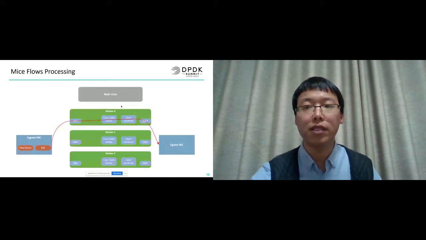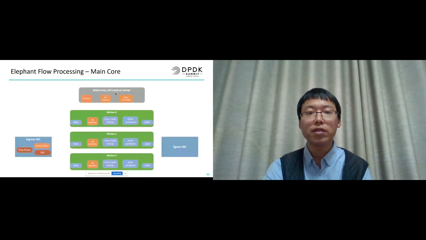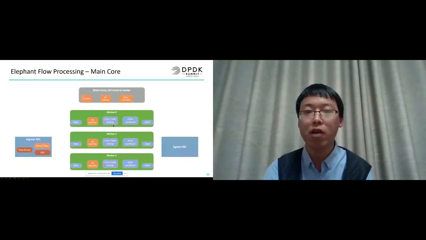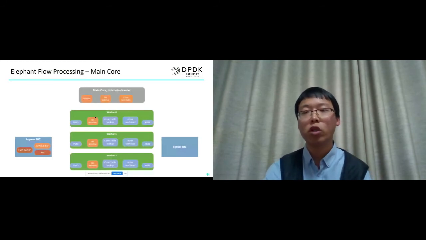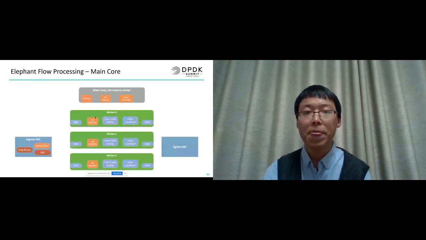Let's see how to handle the elephant flow. The first step is to detect the elephant flow. I deployed the heavy hitter detection algorithm on all the worker cores' pipelines, and this algorithm will monitor all the flows and find out the heaviest flows among them. Then I deployed a heavy hitter control center on the main core.